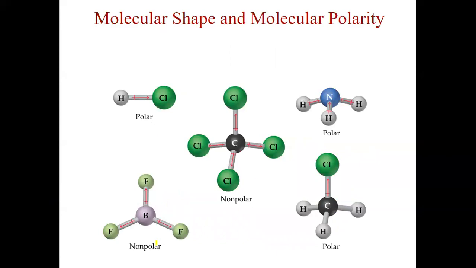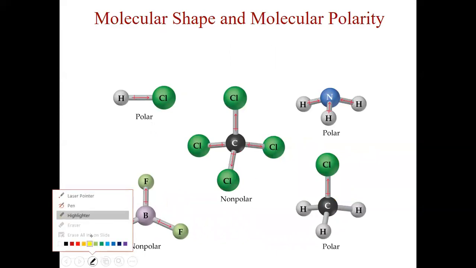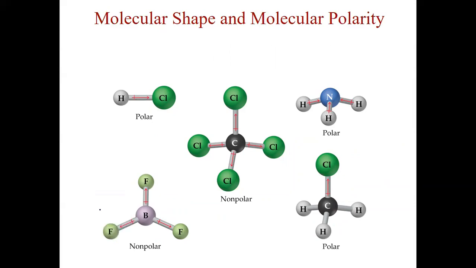So here are some common shapes of molecules, and looking at how shape and molecular polarity play into each other. Linear with two atoms: most of the time, if these are two different atoms, it's going to be polar.